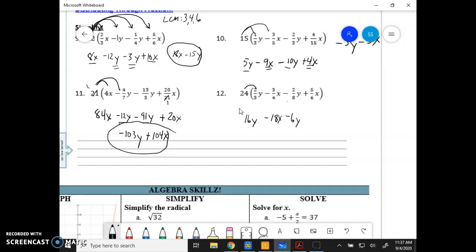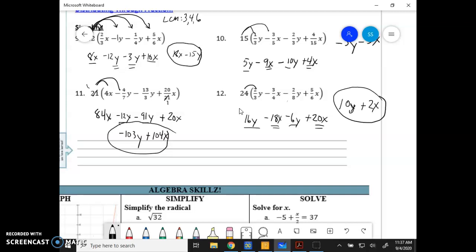And the y, 24, and then the last distribution, 24 times 5 divided by 6, get 20x. All right, and then let's combine our like terms. Our y's are alike and our x's are alike. So we get 10y and 2x. All right.